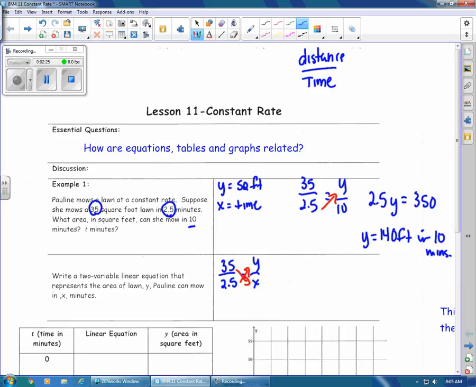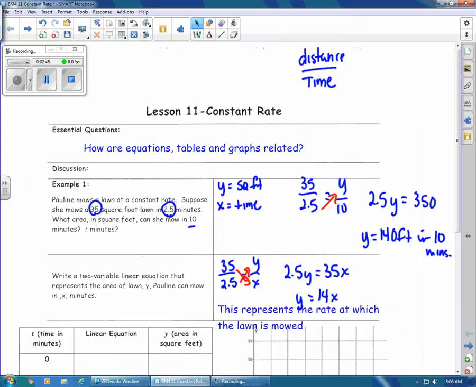So we'll have 2.5y equals 35x. Divide both sides by 2.5 to get the y by itself. And 35 divided by 2.5 is going to be 14. So y equals 14x. What does that mean?